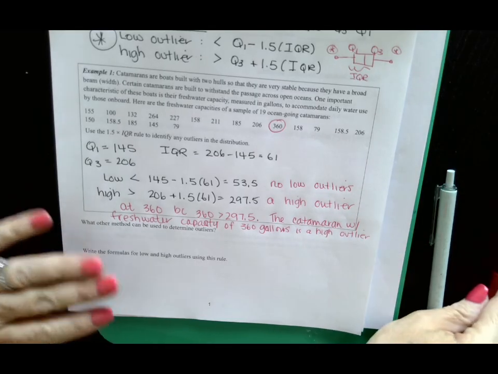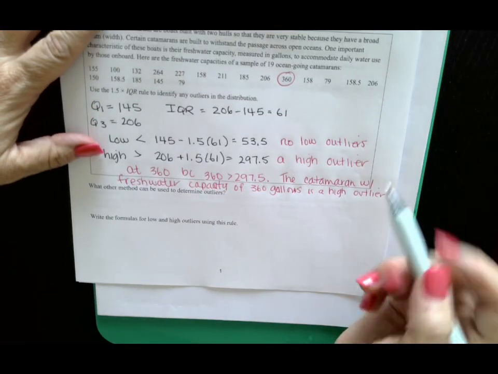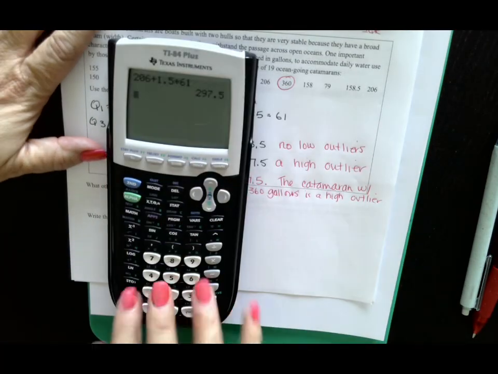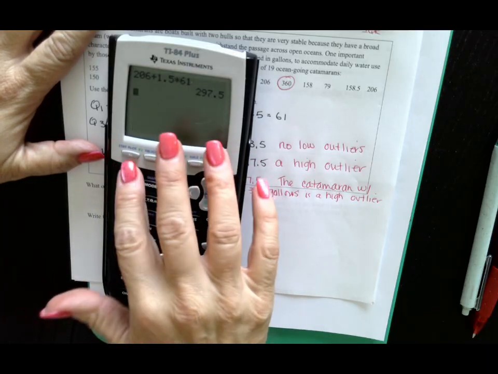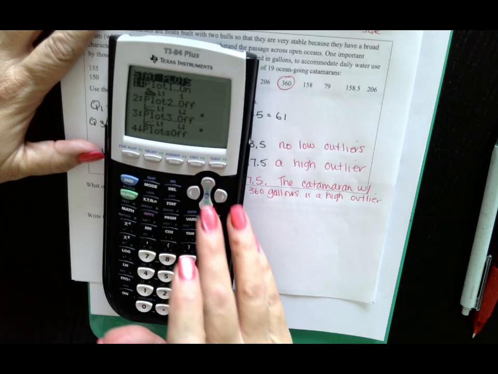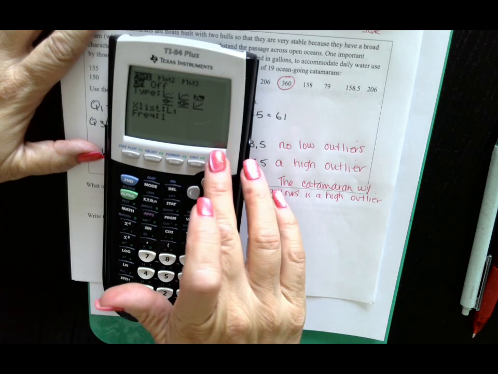Now, when we were describing the distribution, in one of the earlier lessons, we would look at a distribution of data. I can take this data, plug this in here, and graph this.